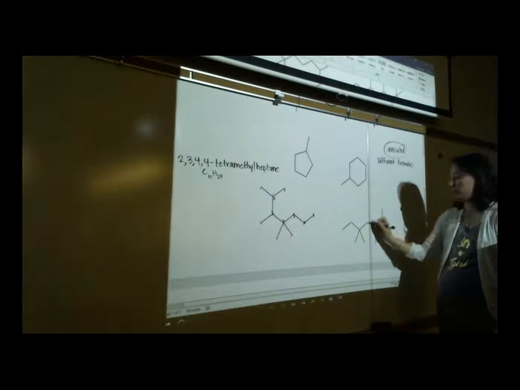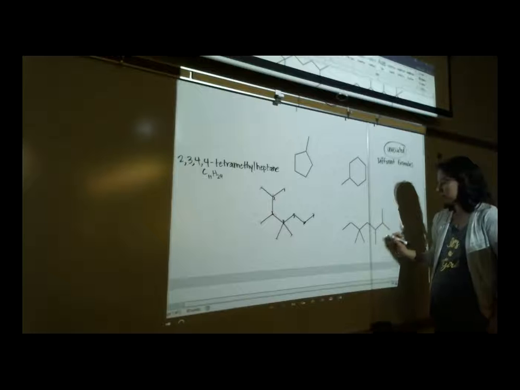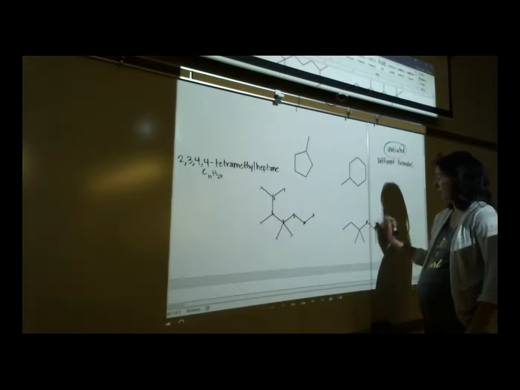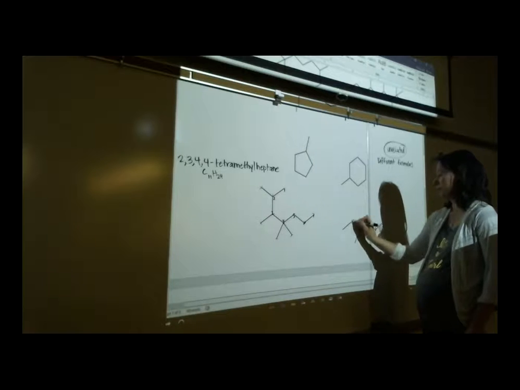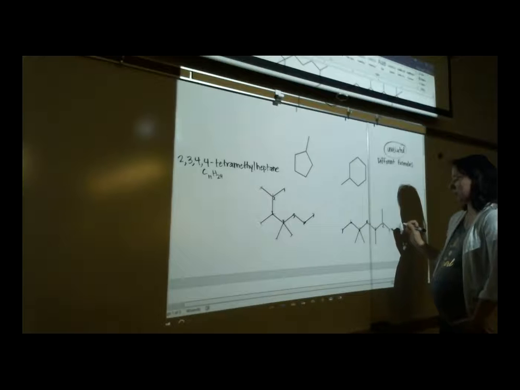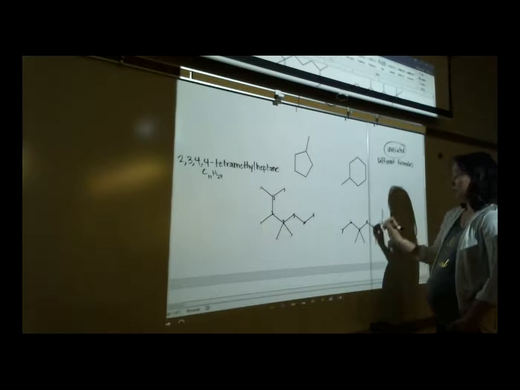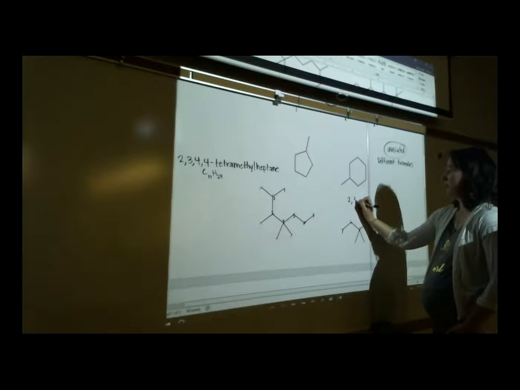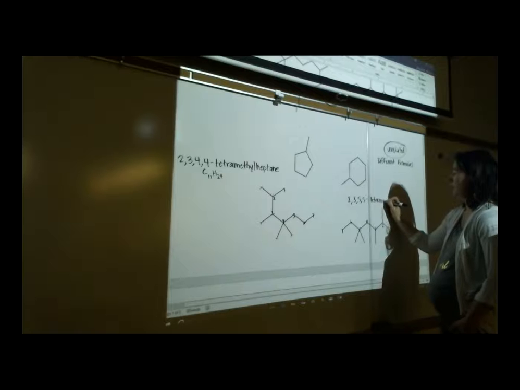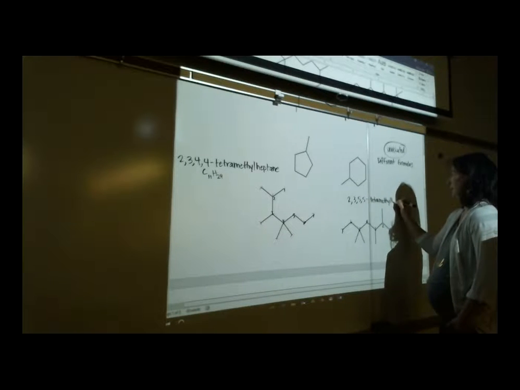1, 2, 3, 4, 5, 6, 7. That gets us to our first substituent over here, fastest. Okay, so the name of this one is going to be 2, 3, 5, 5-tetramethylheptane.